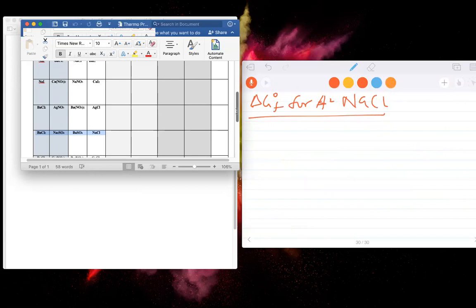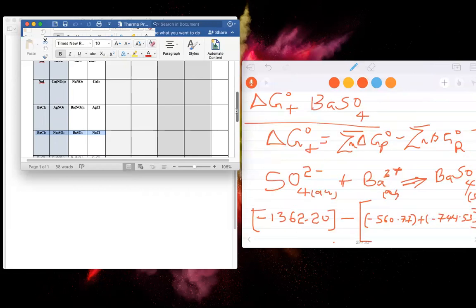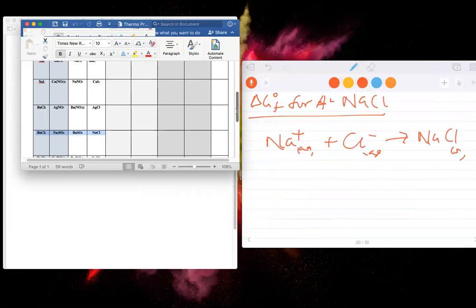We still use the same thing, product minus reagent, product minus reagent. Here is sodium, aqueous, plus chloride, aqueous, going to NaCl, solid. Remember what we had when we cross over? Sodium here will cancel, it's just 1 to 1, 1 to 1. So the equation is what we have in here.